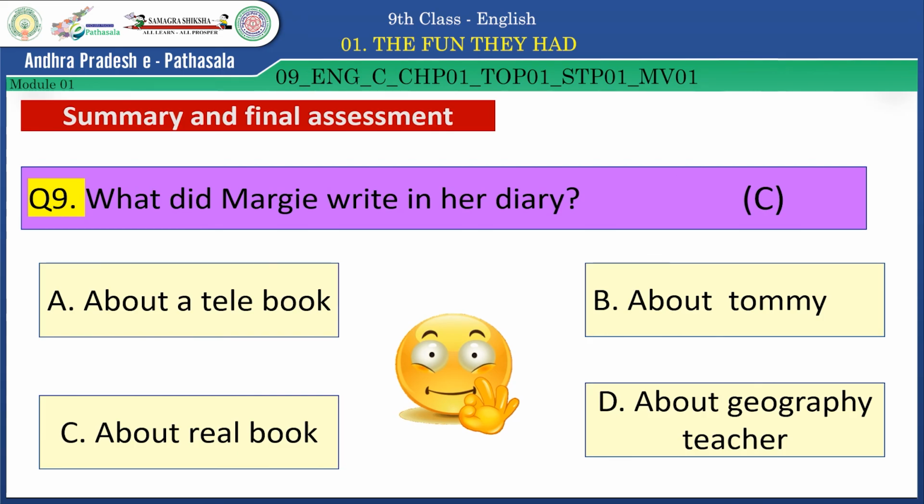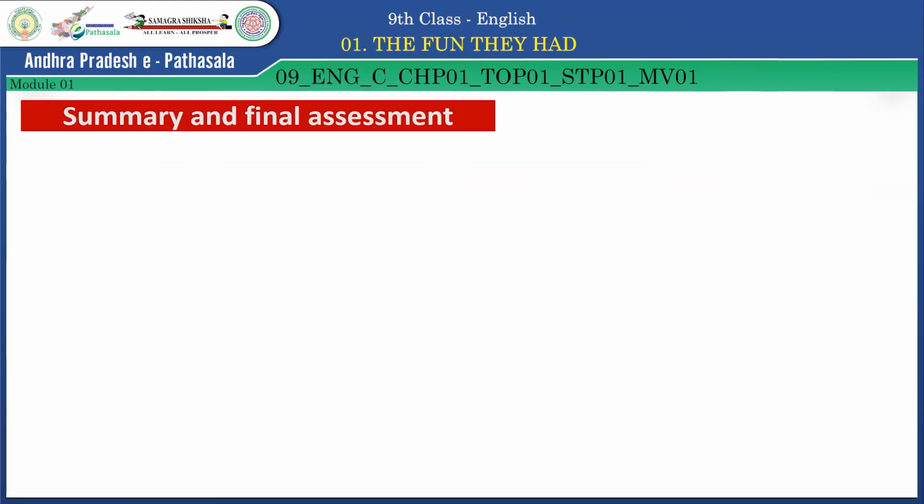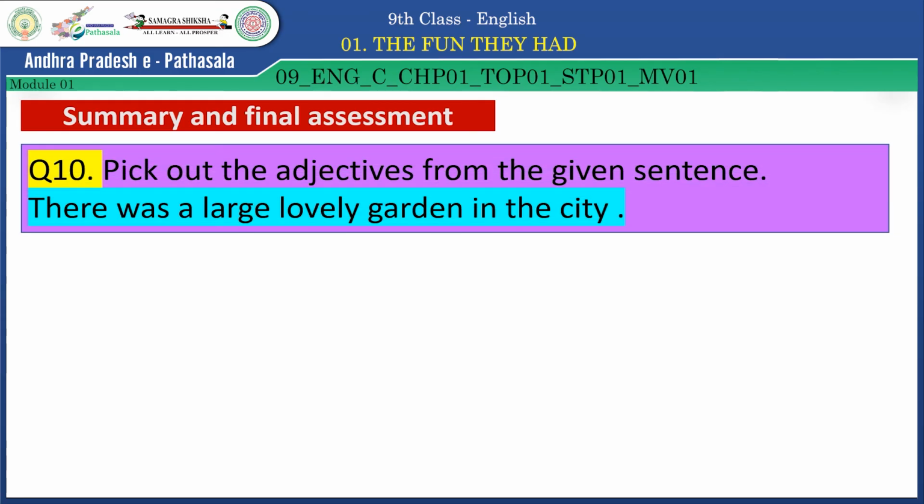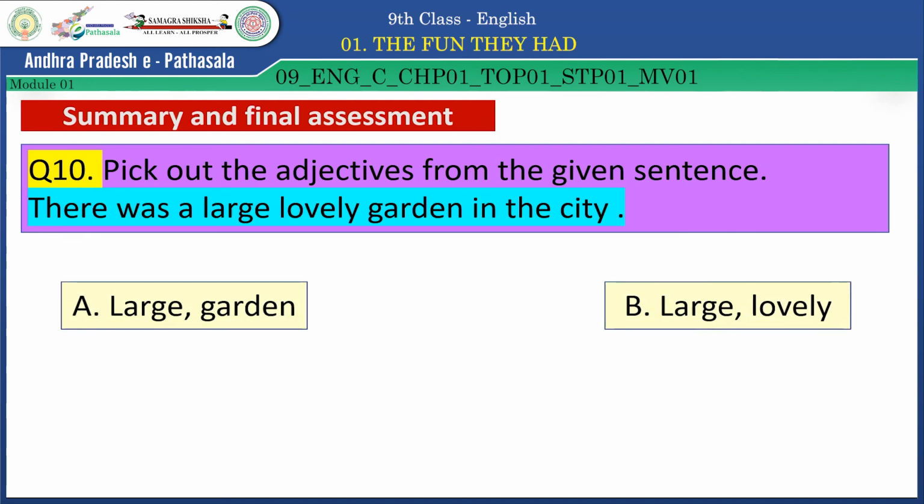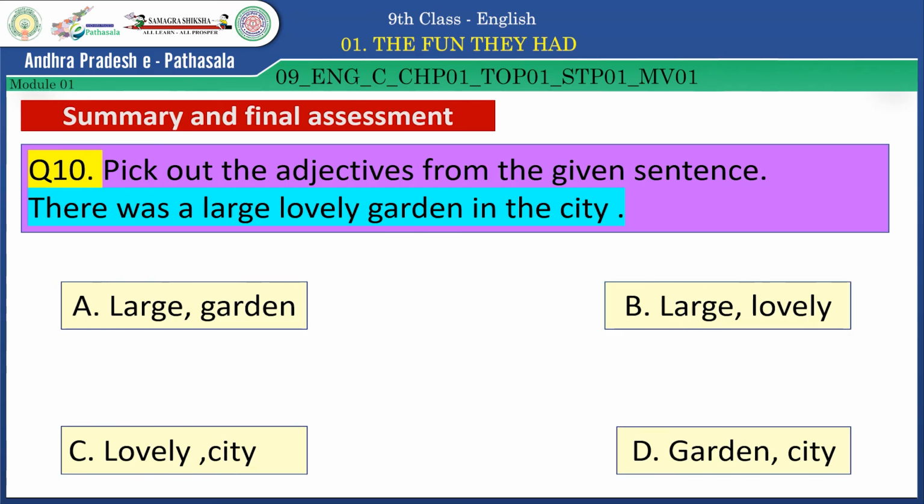Let's look at the last question. Pick out the adjectives from the given sentence. There was a large, lovely garden in the city. What are the adjectives? Large and garden, large and lovely, or garden and city? Yes, the right answer is B. Large and lovely.